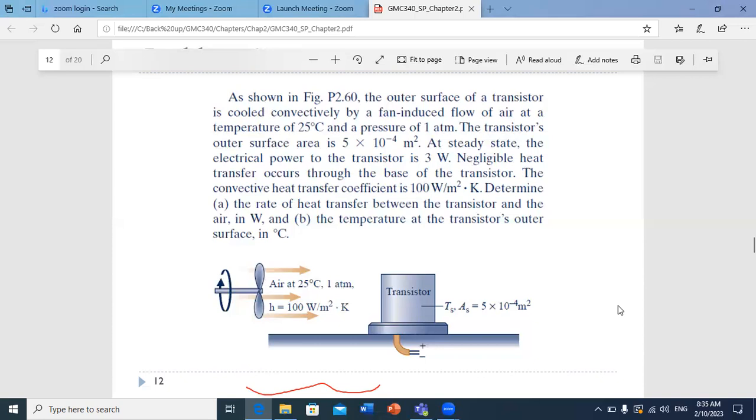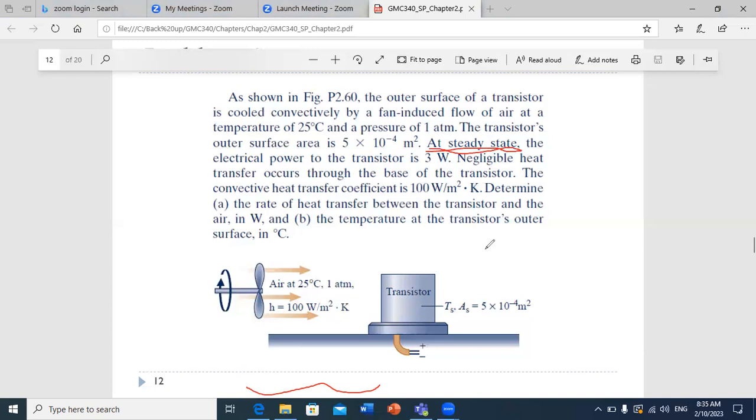Okay, so here what we want to do is to find, first, what is the rate of heat transfer between the surface, the solid, and the fluid, and then to calculate the temperature at the transistor outer surface. So here we should do an energy balance for the transistor. Whenever they say we have steady state operation, this means that we don't have change of temperature with time.